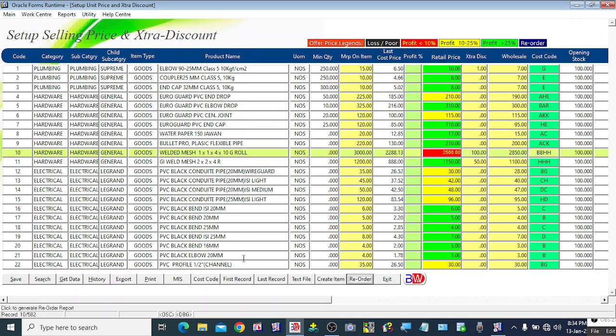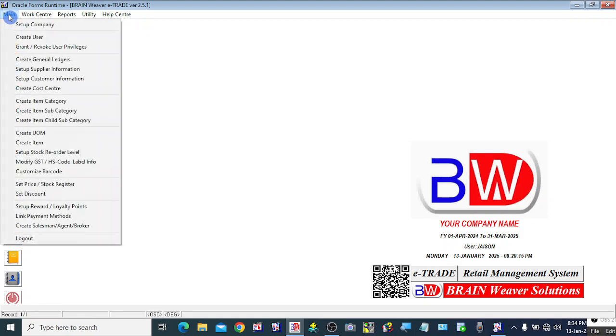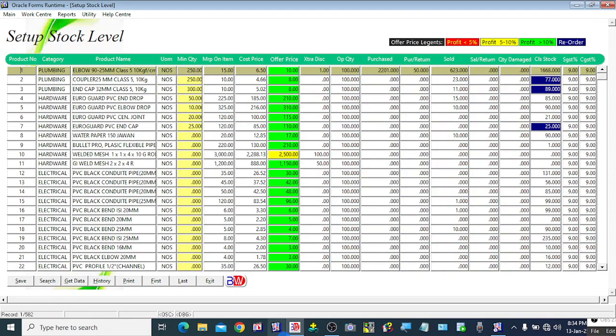To set up the minimum stock level feature, from the main menu we can choose set up stock reorder level. System will display the information about all your inventories.